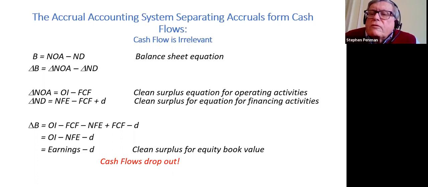Okay, it's irrelevant for liquidity, but cash flows are just irrelevant to valuations, and the accounting system remarkably includes that property. So it's actually built into the accounting system, and of course, this operating income or these earnings are the result of the accruals. And I can substitute accruals for earnings here.